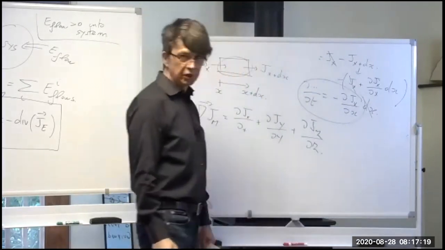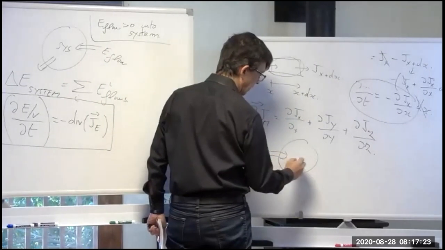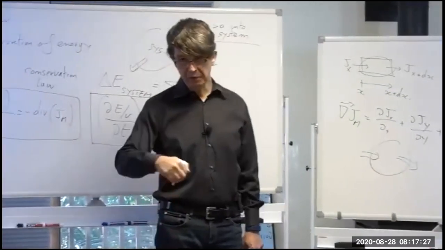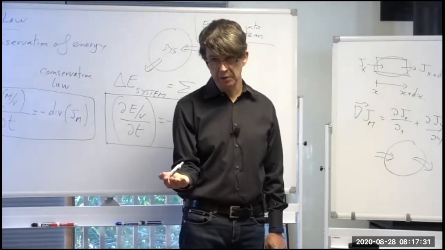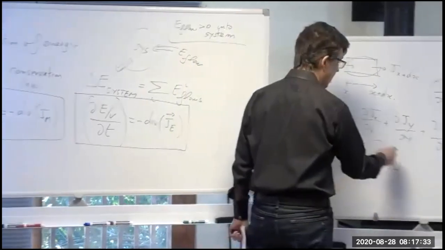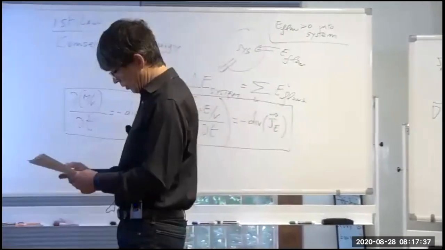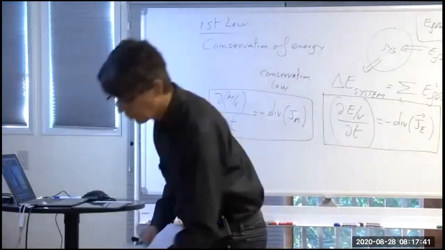So it essentially tells you how the flux changes as you traverse a volume element. And again, when the flux of a conserved quantity changes, it has to be left behind in the volume element. So you could just think of the first law as a conservation law that you've seen well before.